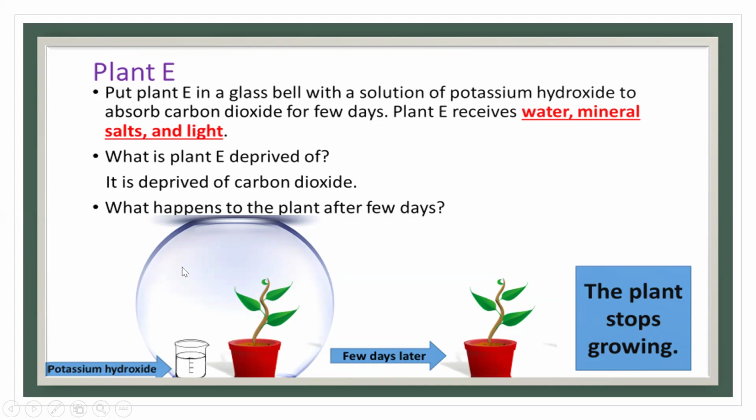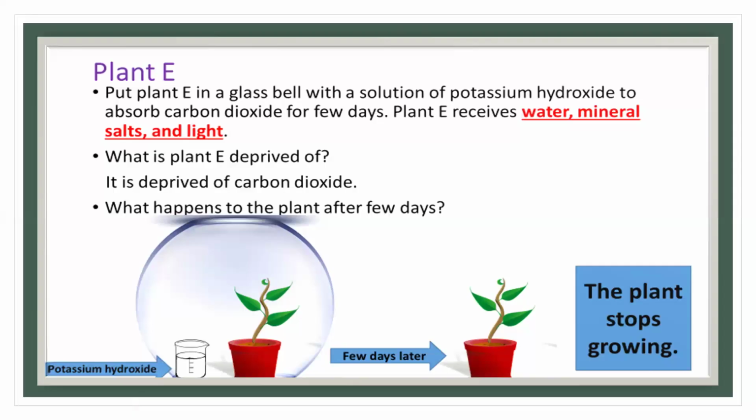And don't forget that this glass bell is transparent. Since it is transparent, this means that it allows light to pass through it. So here, this plant is deprived of carbon dioxide. Excellent. What happens to the plant after a few days?